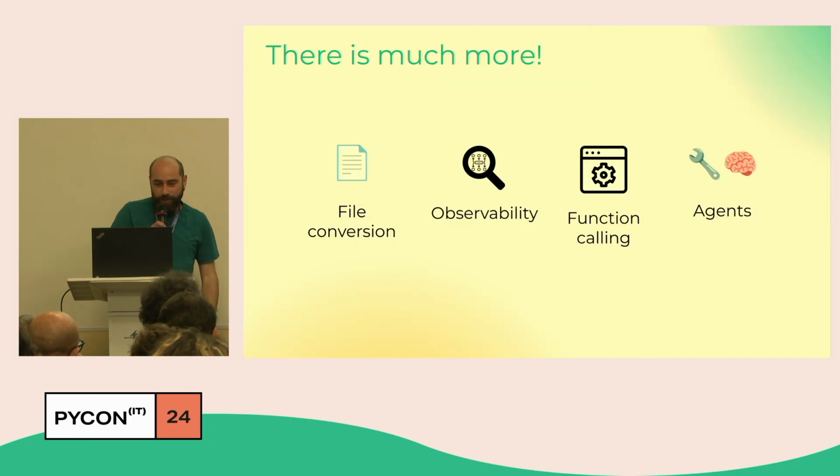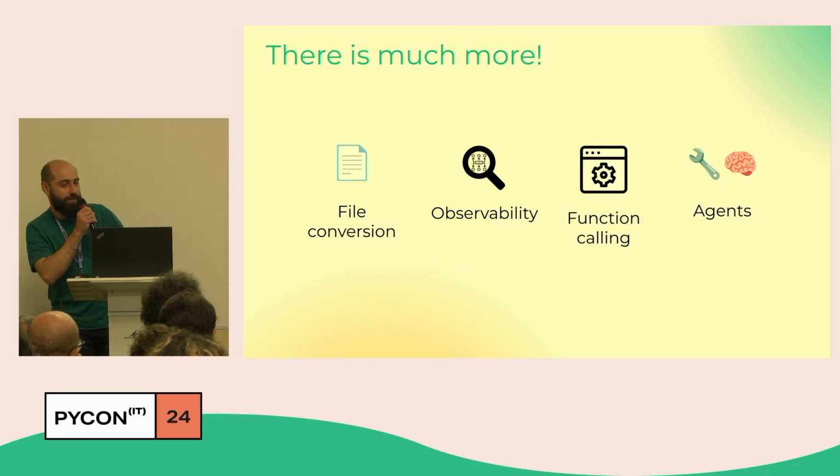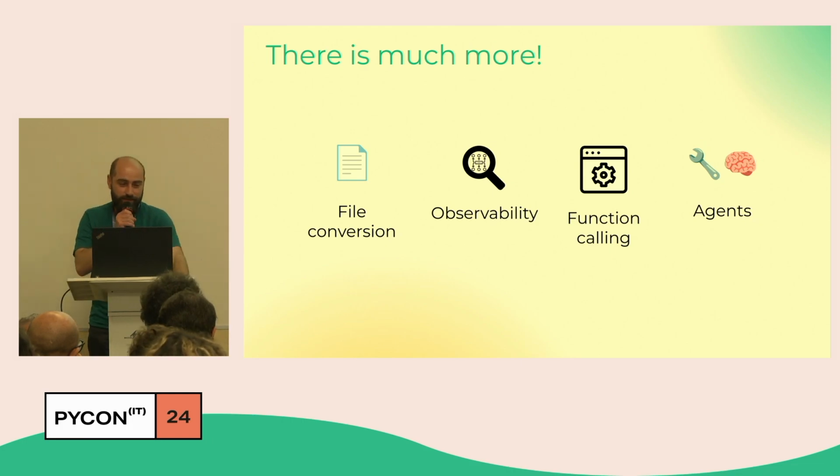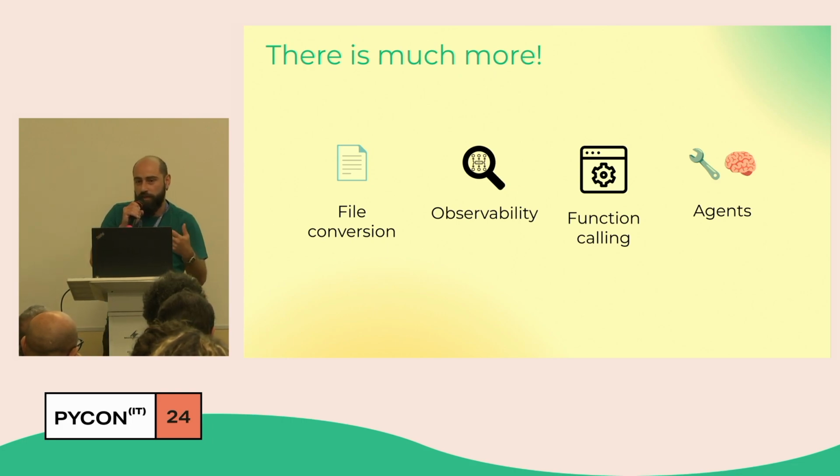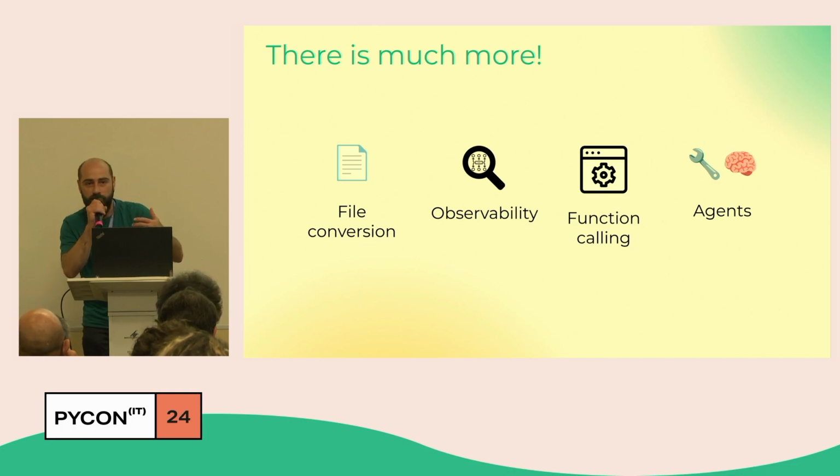There is much more. Some of these features in this slide are simple or classic, for example file conversion, but as you may imagine, extracting text from different types of documents in the right way is very important to make the language model reason on these sources. There is observability of these applications once they are deployed, so logging, monitoring, tracing.